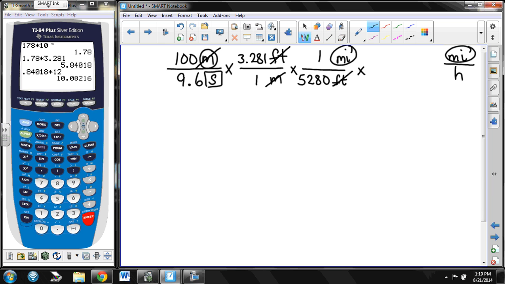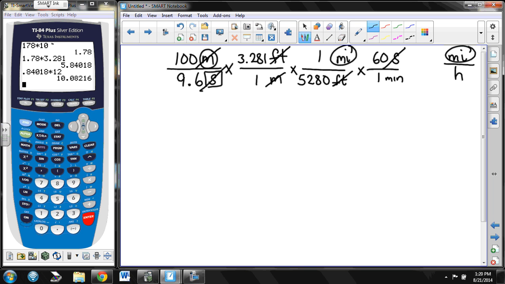If we have seconds on the bottom and we want to get rid of seconds, where are we going to put the seconds in our conversion factor? To get rid of what's on bottom, we put it on top. If there are 60 seconds in 1 minute, this will cancel out seconds.